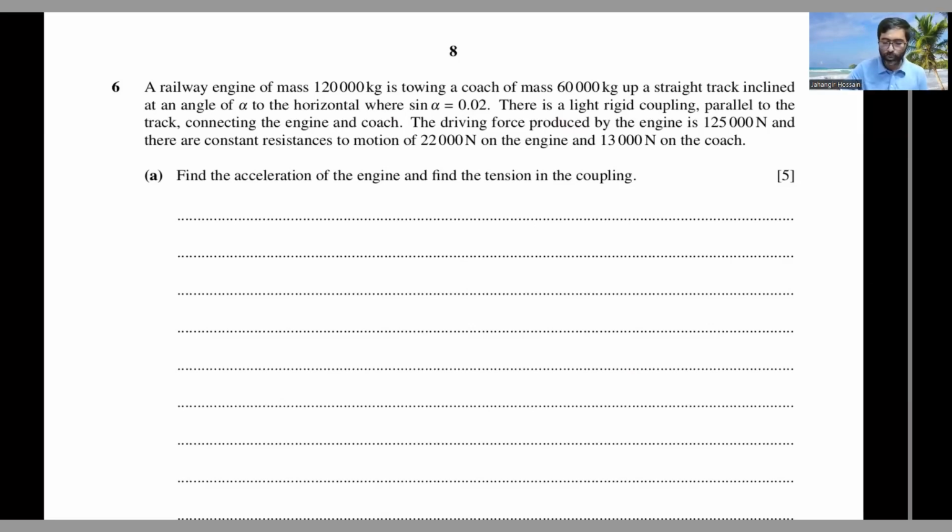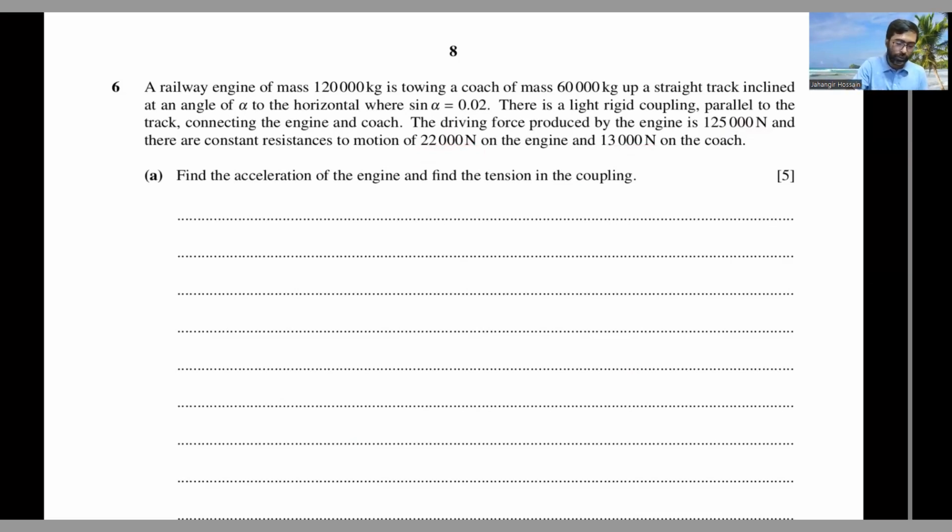The driving force produced by the engine is 125,000 newtons, and there are constant resistances to the motion of 22,000 newtons on the engine and 13,000 on the coach. Find the acceleration of the engine and find the tension in the coupling.